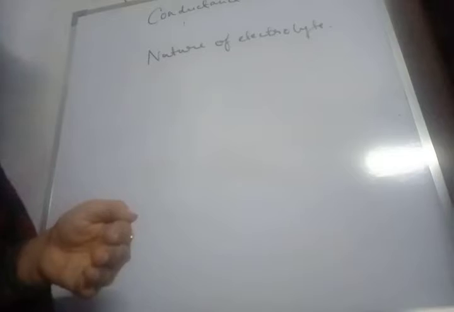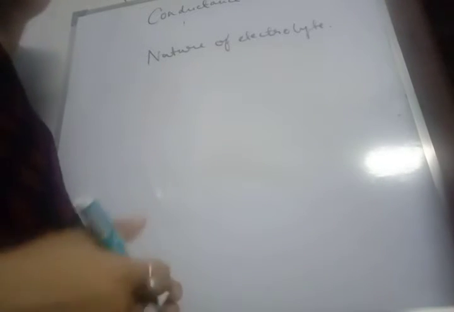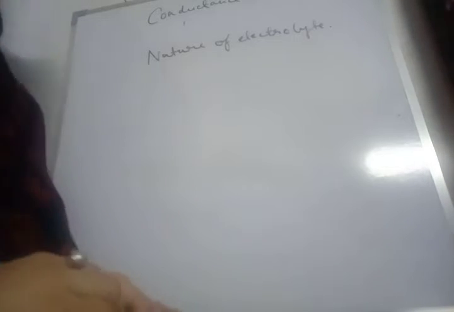So the higher the number of ions, the higher will be the conductivity. So strong electrolytes possess higher conductivity value, while weak electrolytes possess lower conductivity value. It means conductivity is directly proportional to the number of ions generated.